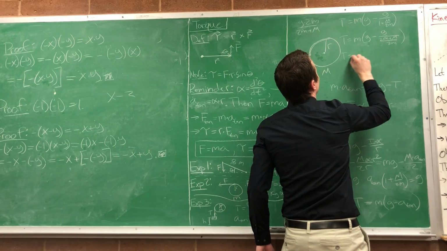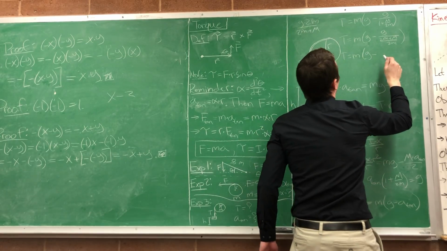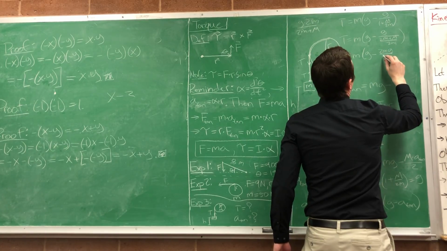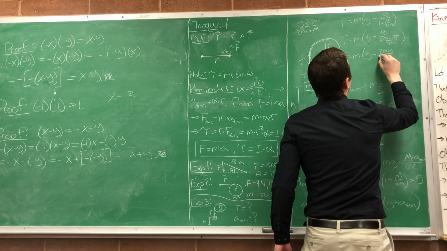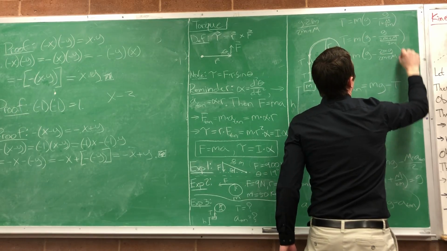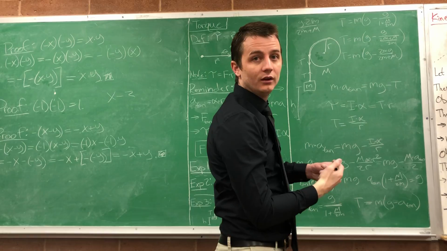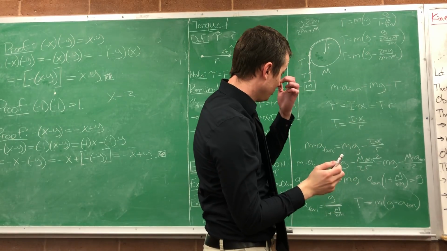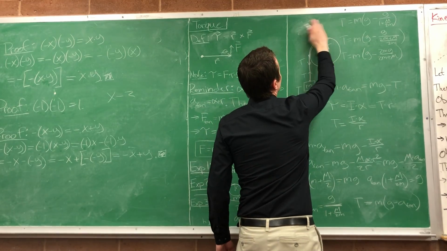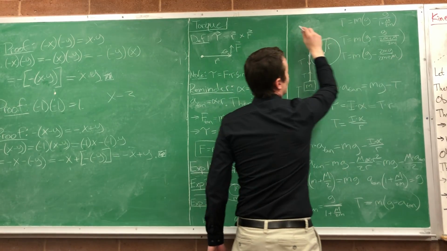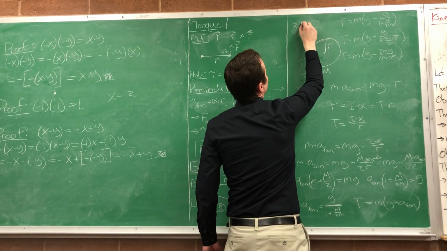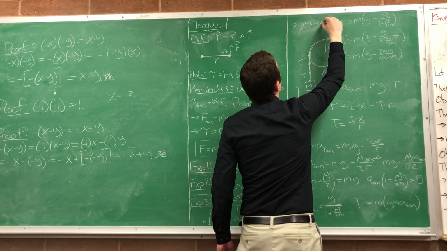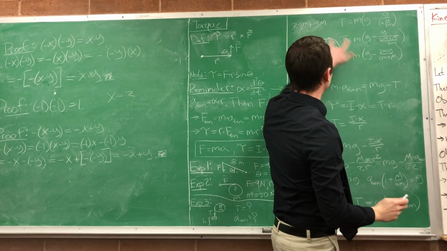So we can say T is equal to M times G minus 2 little mg all over 2 little m plus big M, right? Now get a common denominator, so multiply this one top and bottom by 2 little m plus big M. When I multiply G by 2m plus big M, we're going to get 2gm plus G big M. That will be the numerator for this term.